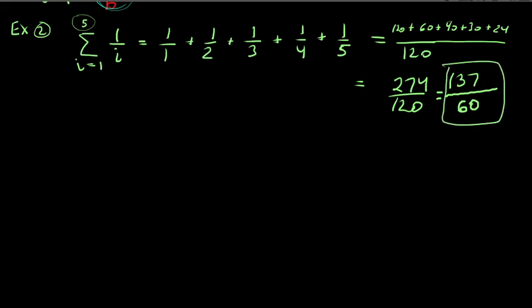So 137 divided by 60, yep, it's approximately 2.283. And I'm going to check that again. So hang on. 0.5 plus 0.25 plus 0.2, 2.2833. Yeah, I think that's it.